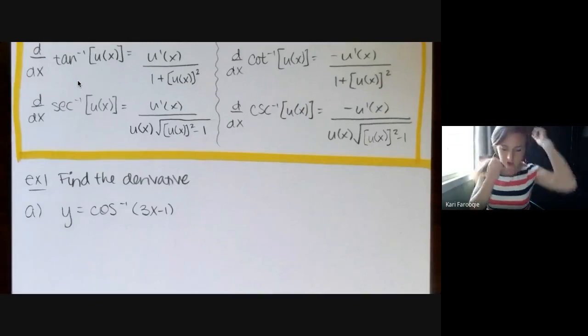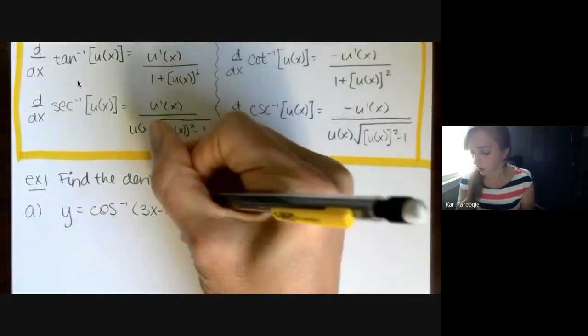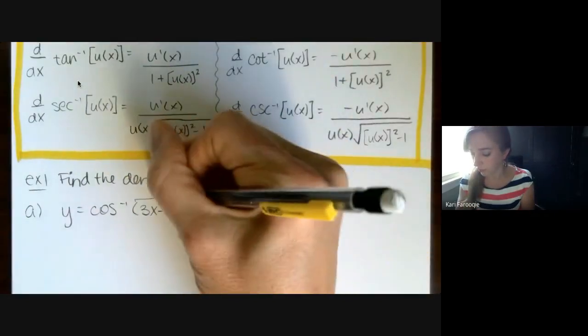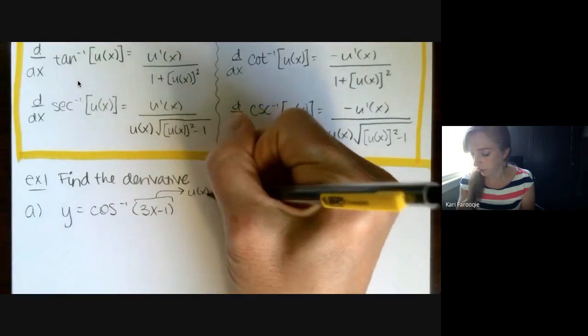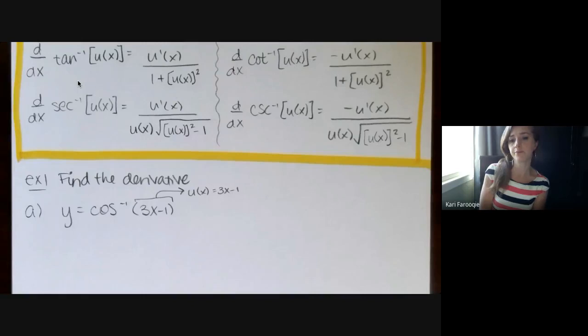Now, if you're trying to sort of relate this back to your definitions, all of the definitions had u of x in them. In this case, u of x is going to be this inside function, 3x minus 1.